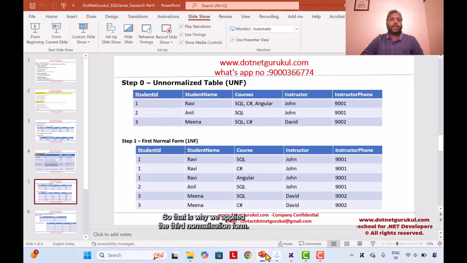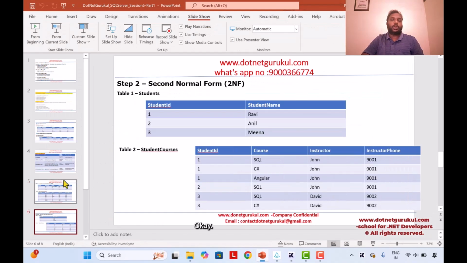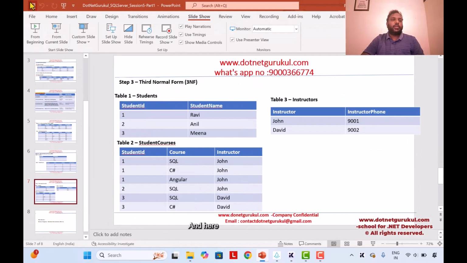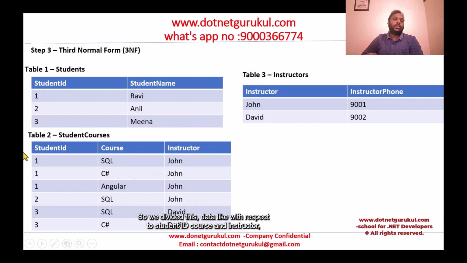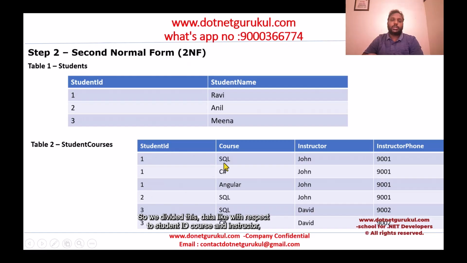That's why we applied the third normalization form. Here is the result after applying it. We divided this data so that student ID, course and instructor are in one table, and the instructor phone number is in another table.